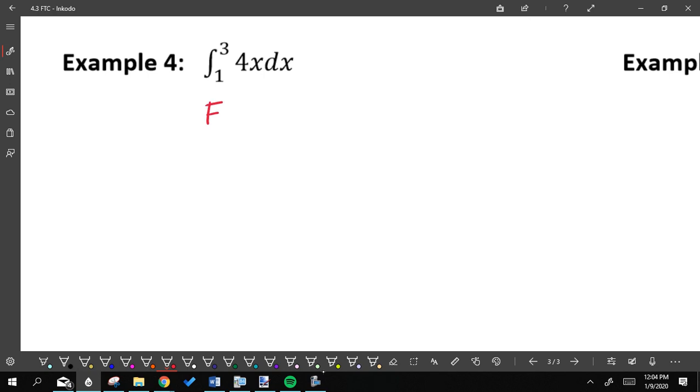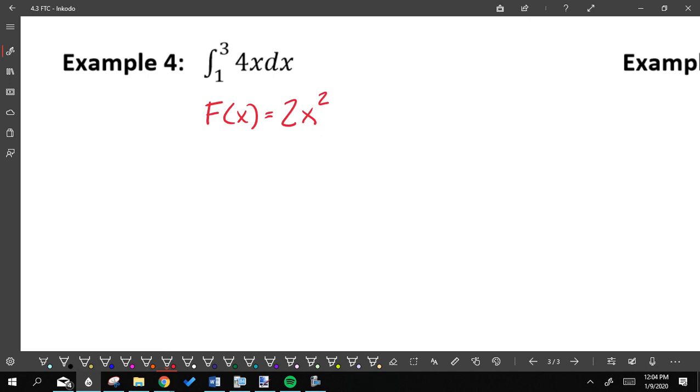He divided by his new leading coefficient, it's 2. We took an antiderivative, so normally we would say plus c, but because it's a definite integral, the plus c won't matter because they would cancel out. Instead, I'm going to just think about my bounds. I'm going to evaluate this thing from 1 to 3. So then I'm going to find capital F of 3, and then subtract from that capital F of 1. Go ahead and do that with your neighbor.